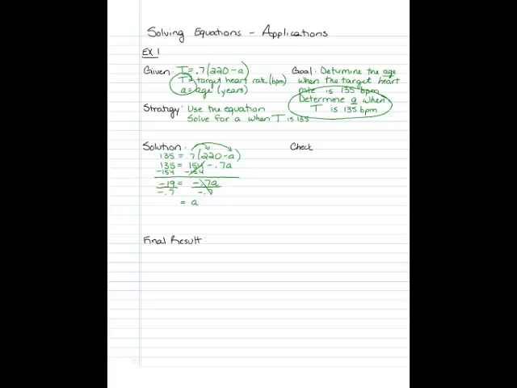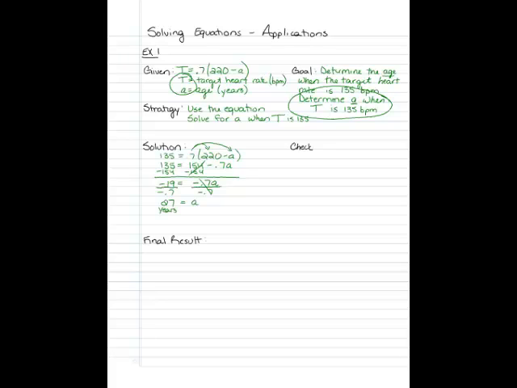So thinking back to what A actually represents, A is the age, so it really would make sense to round to the nearest whole number. So I'm just going to say A is about 27 years.